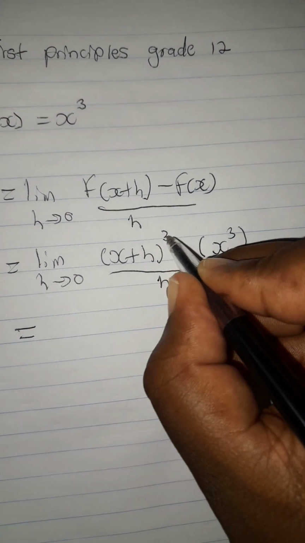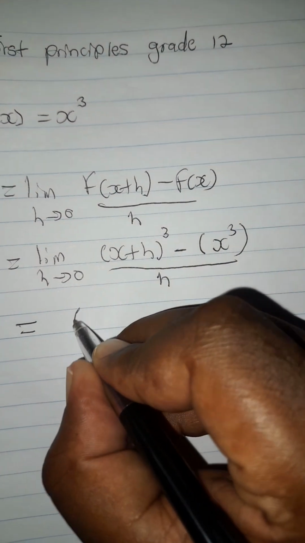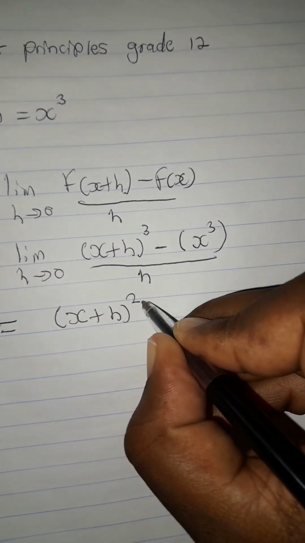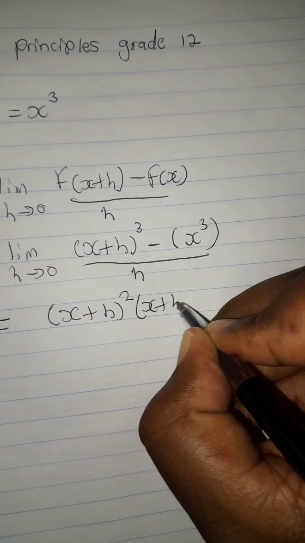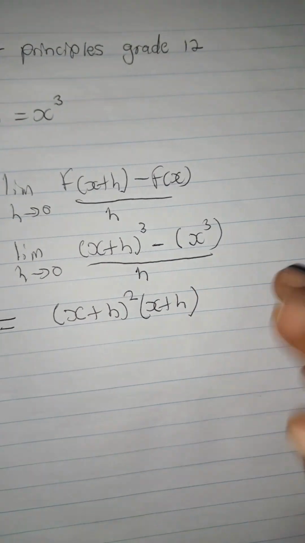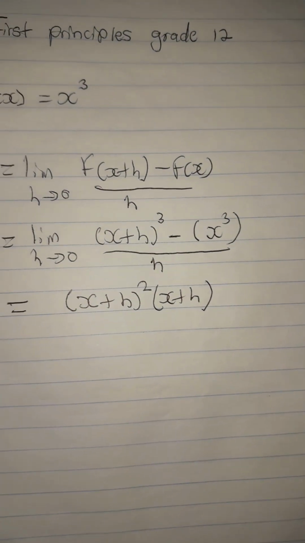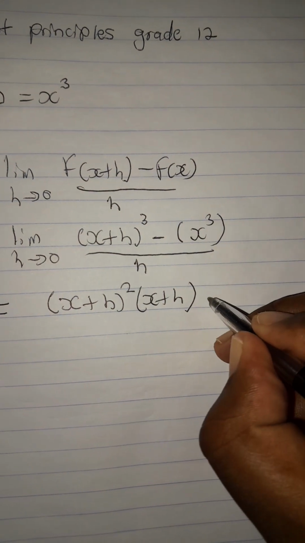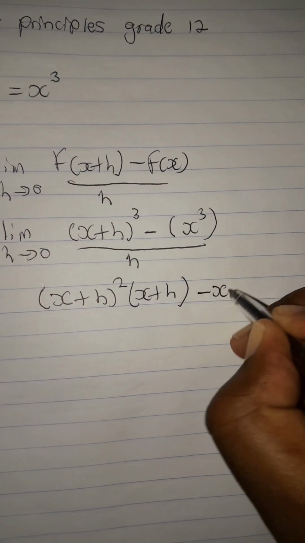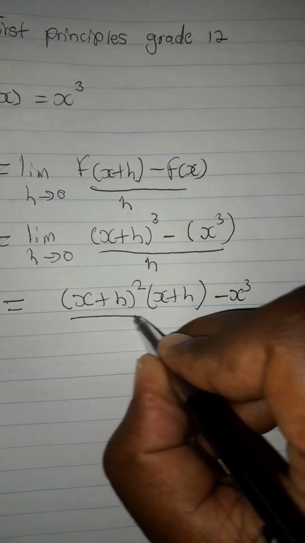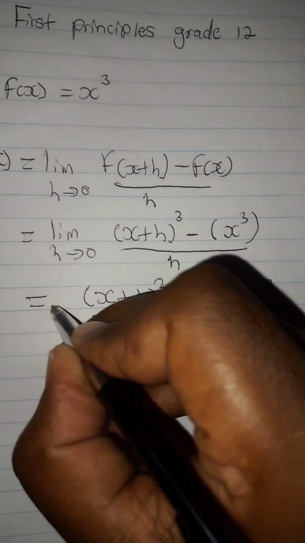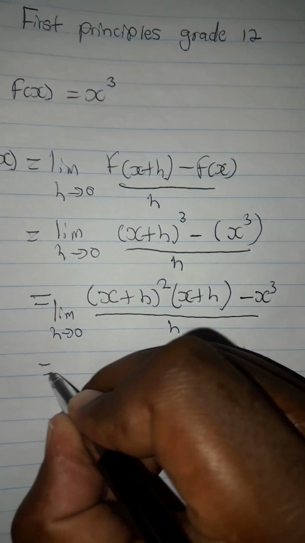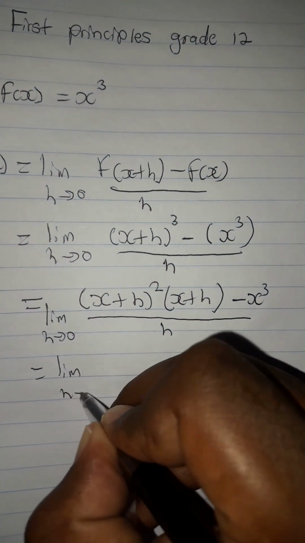When you simplify, since it's a power of 3, that means we are going to have two brackets. This will be x plus h squared as well as x plus h. In other words, we repeat this 3 times since it's a cube. So what are we going to work with? Let's take out x cubed from the bracket. So now we are left with, divided by h, don't forget the limit as h approaches 0.